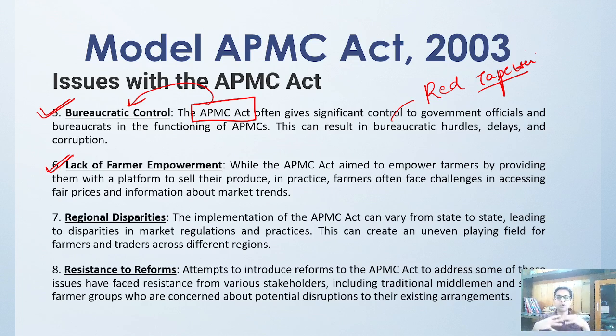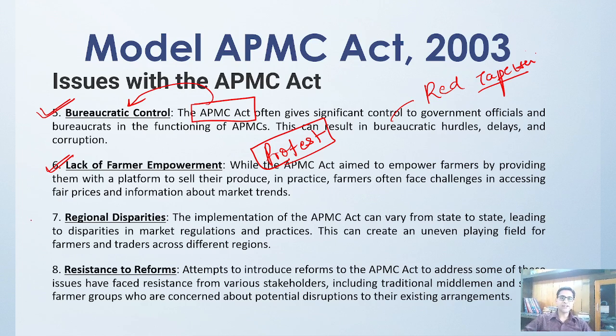The area is not at all farmer friendly, and sometimes you might see a lot of protests at these places to get their rights, like what the fair price is, how much the price is, what the market price is. Here the traders and middlemen do not give proper information to the farmers.